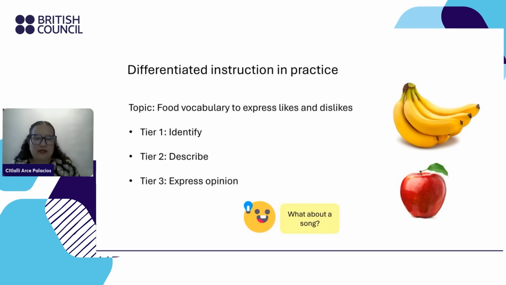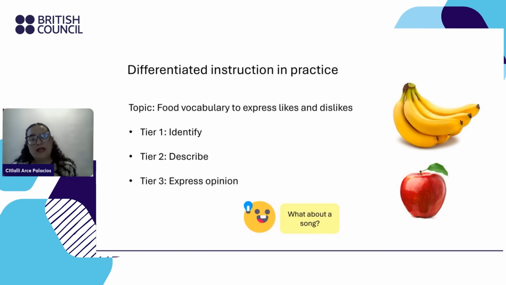So, for example, I have my flashcards or I have realia and I have my bananas here and my apple, or I ask my students to bring their fruit and then they can also eat it. So, whatever you want. The first step or the first tier is going to be identify it with the name.